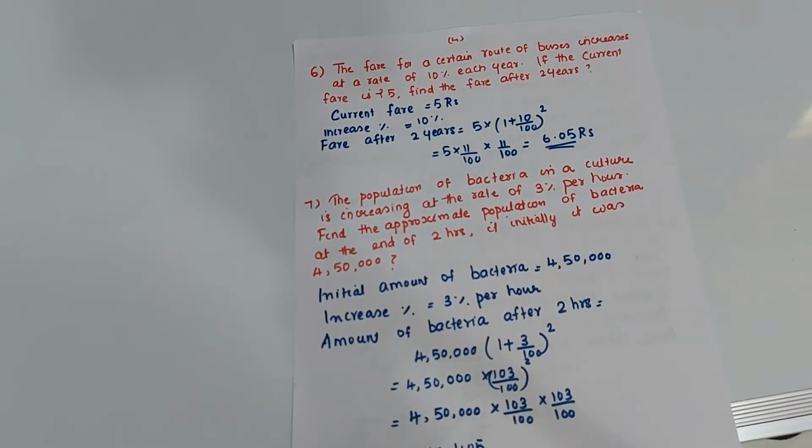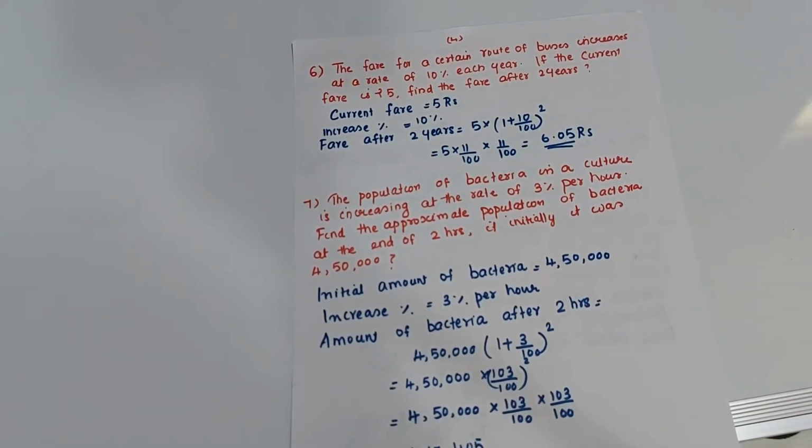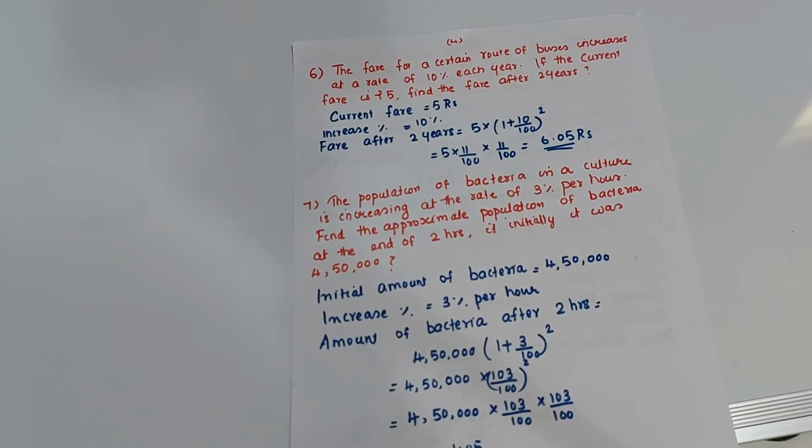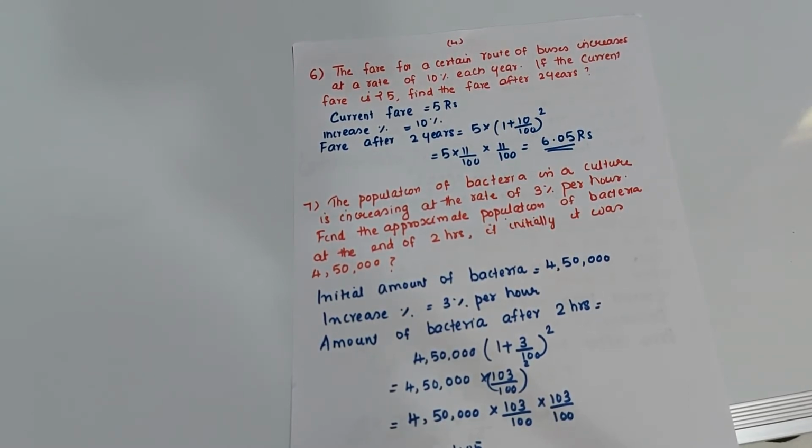Our next question, the sixth one. The fare for a certain route of buses increases at a rate of 10% each year. If the current fare is rupees 5, find the fare after 2 years. The current fare is 5 rupees and the increase percentage is 10%. We have to find the fare after 2 years.